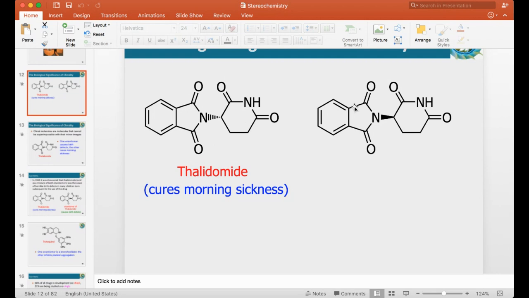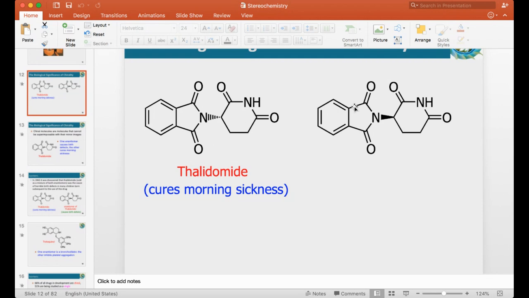Okay? So if any company comes up with a drug and this drug is chiral, first thing they have to prove now is that the enantiomer is not a picture. Okay? Unless they prove, which some companies do, that the enantiomer does not have any side effects.